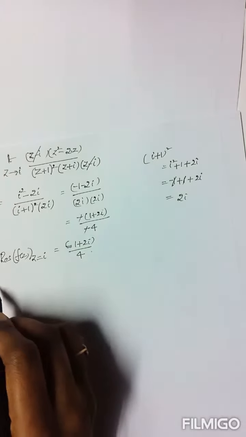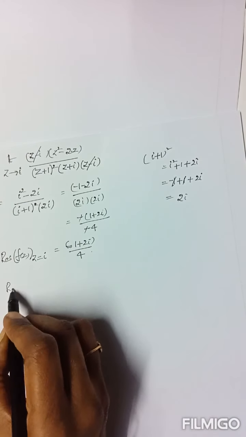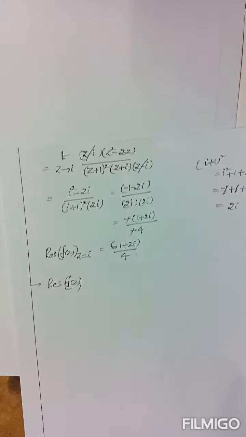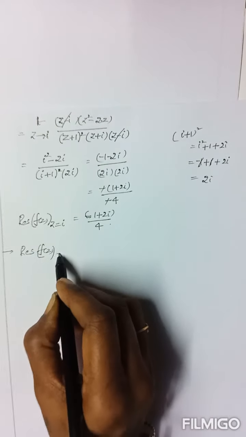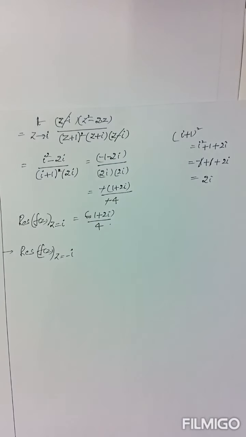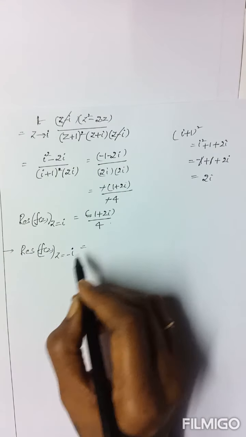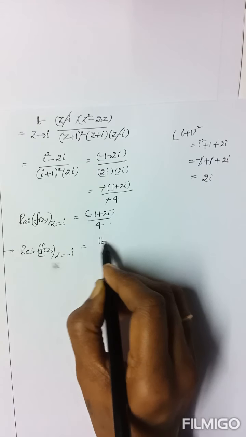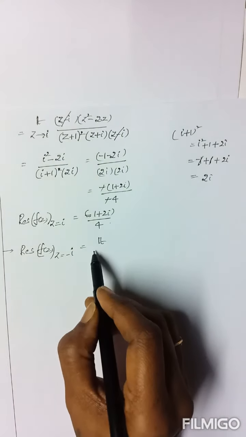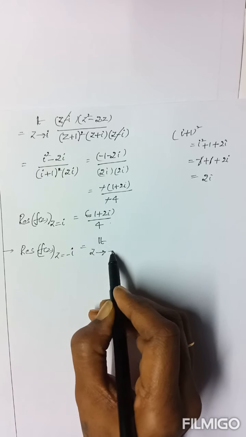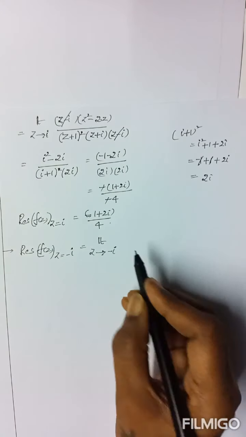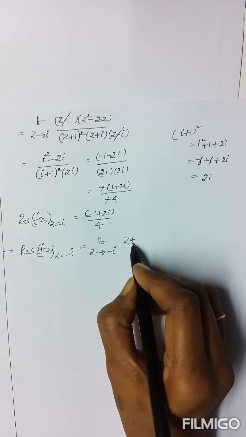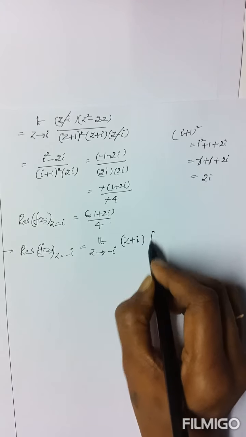Similarly, at the third point, next we need the residue of f of z at z equals minus i. Here this is also a simple pole, so the corresponding formula is the limit of z tends to minus i, z minus a, that is z plus i, into f of z.